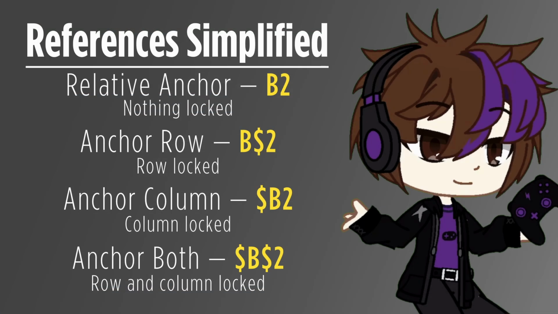So the thing to remember is, when you're deciding whether you need to anchor with absolute references using the $, you need to think about, if you're copying the formula, what should move and what should stay anchored or stay the same. You can lock either the row by putting a $ sign in front of the row number, or you can lock the column by putting a $ sign in front of the column letter, or you can anchor both by putting a $ sign in front of both the column letter and the row number.